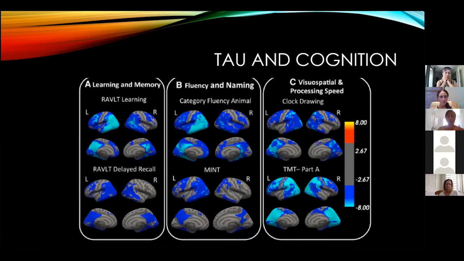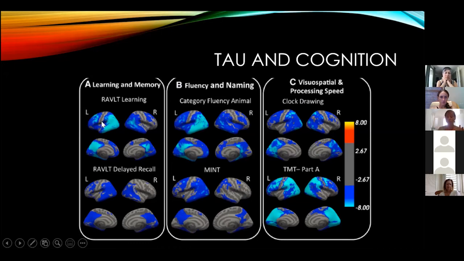Unfortunately, in ADNI, in most studies, they only test verbal memory. There's no visuospatial memory. But if you look at this verbal learning test in relation to tau PET, we see an extensive relationship in the temporal and parietal regions as well as the frontal regions, more so in the left.